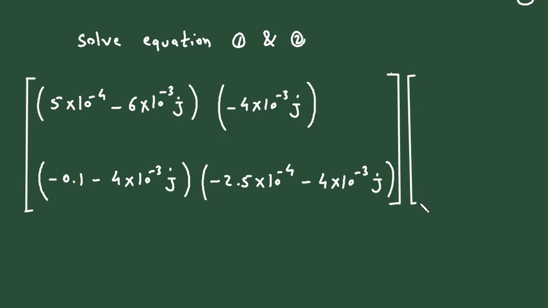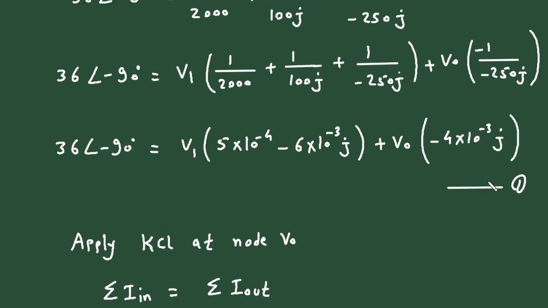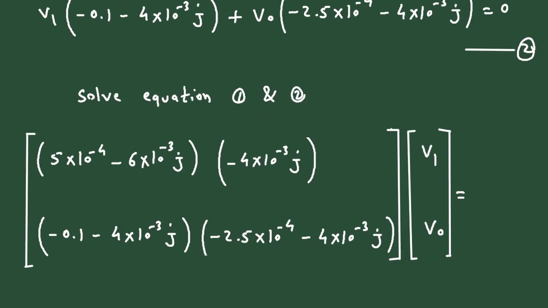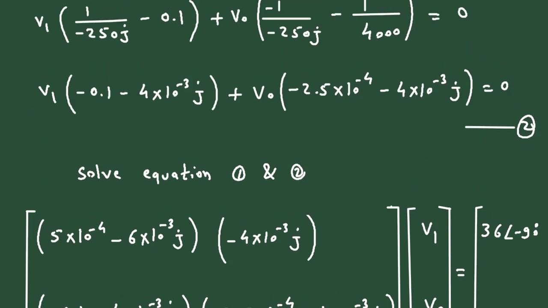And here this will be V1 and VO. These are the two unknowns we have to find. And it is equal to, from equation 1, 36 at an angle minus 90 degree. And from equation 2, it is equal to 0.